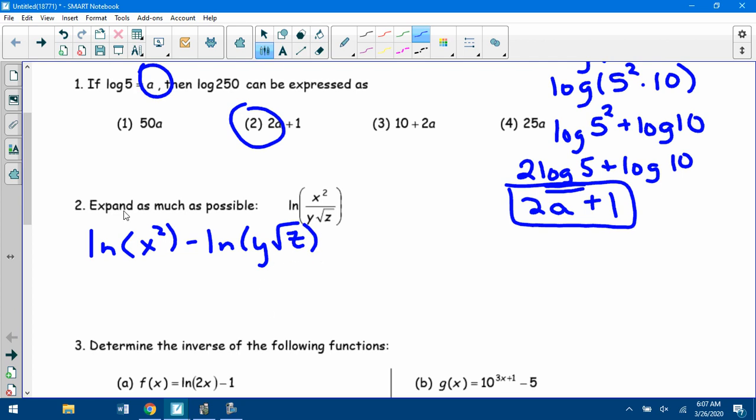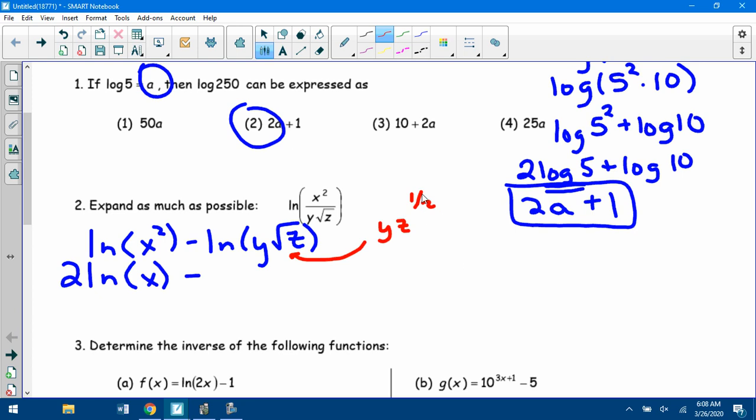All right, now the first one's easy. What can we do here? Right, bring the 2 out front. 2 ln of x minus what's happening in here. Well, first off, whenever you've got a radical involved, I would think of it as an exponent. So this is really yz to the what power? 1/2.